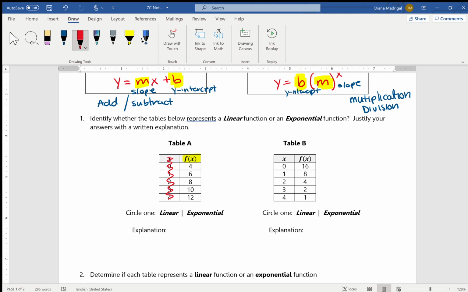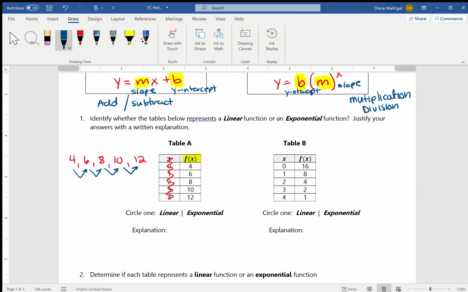Just look at it as a number line: 4, 6, 8, 10, and 12. Basically the question is what is happening from 4 to 6, from 6 to 8, from 8 to 10, from 10 to 12? Am I adding, subtracting, multiplying, or dividing?